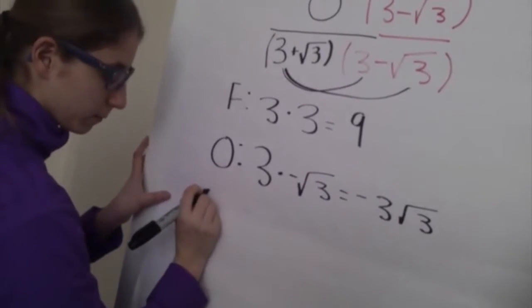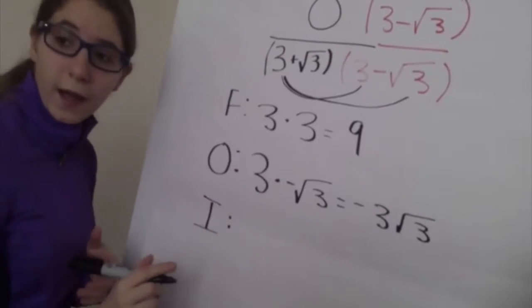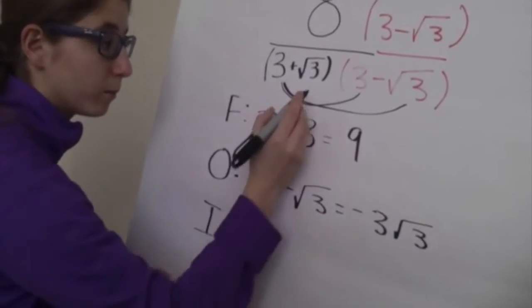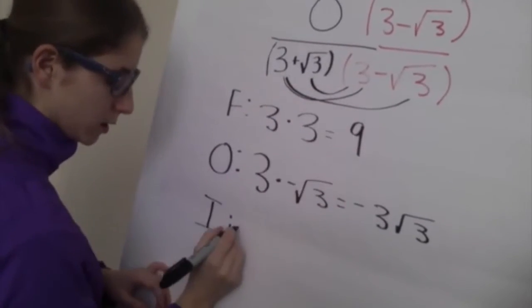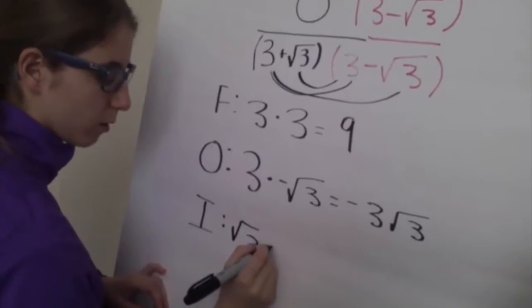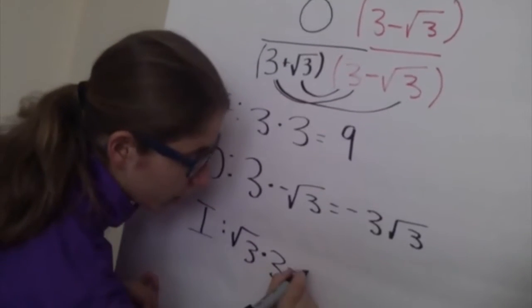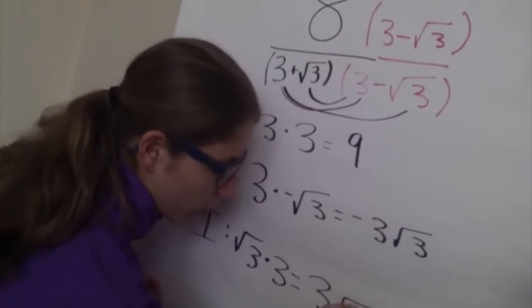For I, radical 3 times 3 equals 3 radical 3.